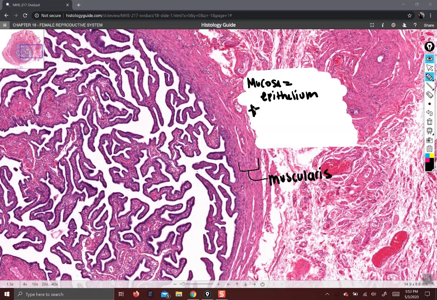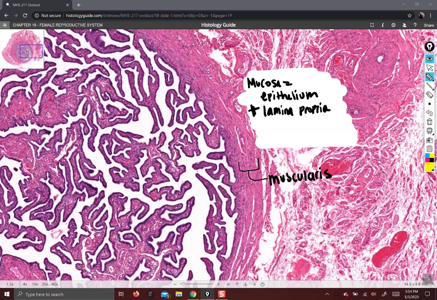So mucosa is not specific to the oviduct. It's a naming scheme for layered tubes. So this will keep coming back in the urinary tract and in the digestive tract, and so forth. So the mucosa equals layers, the epithelium, and the lamina propria, which is usually loose connective tissue, and that is true in this case.